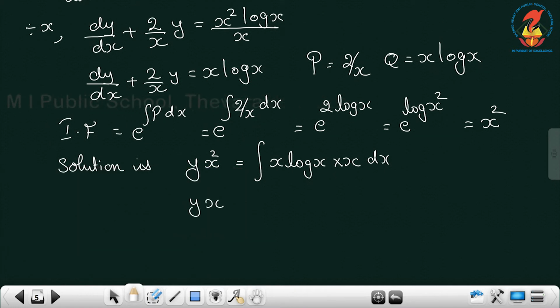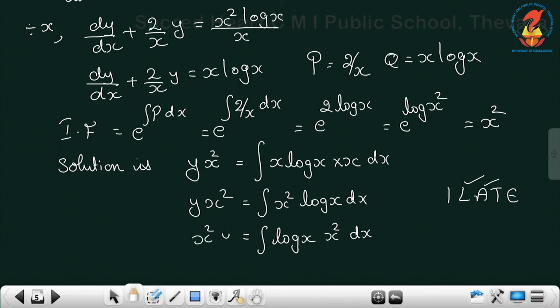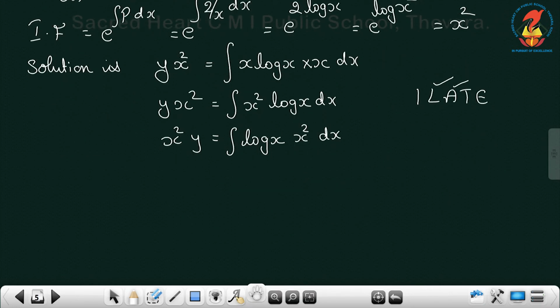So y x square is equal to integral x square log x dx. Again it is a product of two functions. First is ILATE: x square is algebraic, L is logarithmic. So logarithm first, then algebraic. So you have to write in the opposite order. Now use the integration by parts.